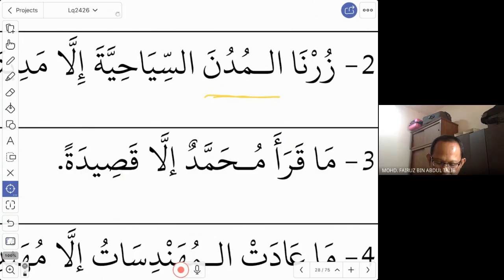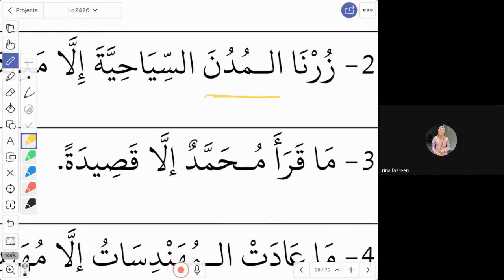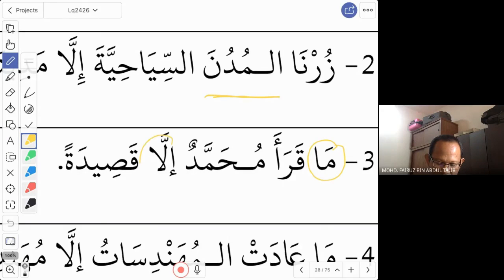In group number 3, how do you read the word qasida? It depends on its location in the sentence. How do you know this? What did I do earlier? You remove ma and illa as if these two words do not exist. The sentence becomes qara'a Muhammadun qasidatan, Muhammad read a poem.